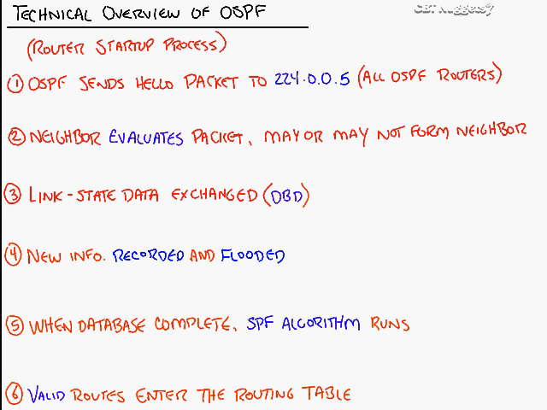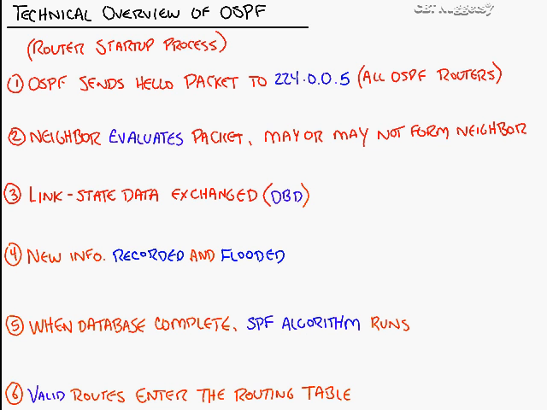They have a topology table where they have an entire roadmap showing them exactly what the network looks like. They will exchange that roadmap with their neighbor. That's a database description packet. From there, all of that new information that the neighbor receives will be recorded in the database, and it will say, okay, well, let me get all that information into my roadmap, and then it will flood it to all of its neighbors. So it's passing this rumor on of all of this roadmap that all the routers need.